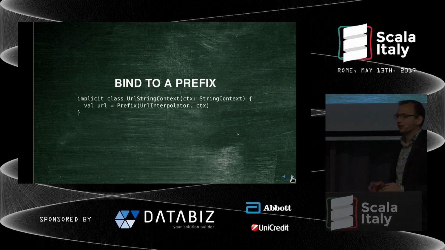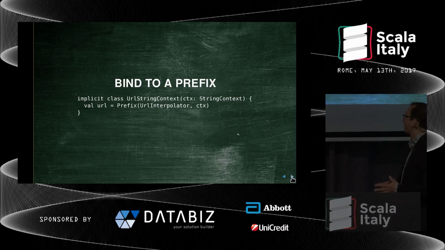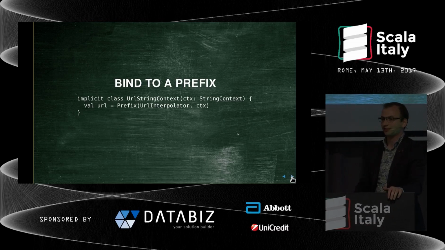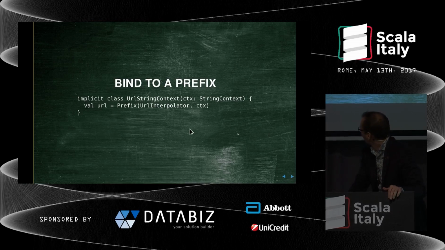Binding it to a prefix. This is once again the decorator implicit class, and I've tried to make the syntax as simple as possible without really making it particularly opaque what's going on. But this prefix here is the macro that gets applied.